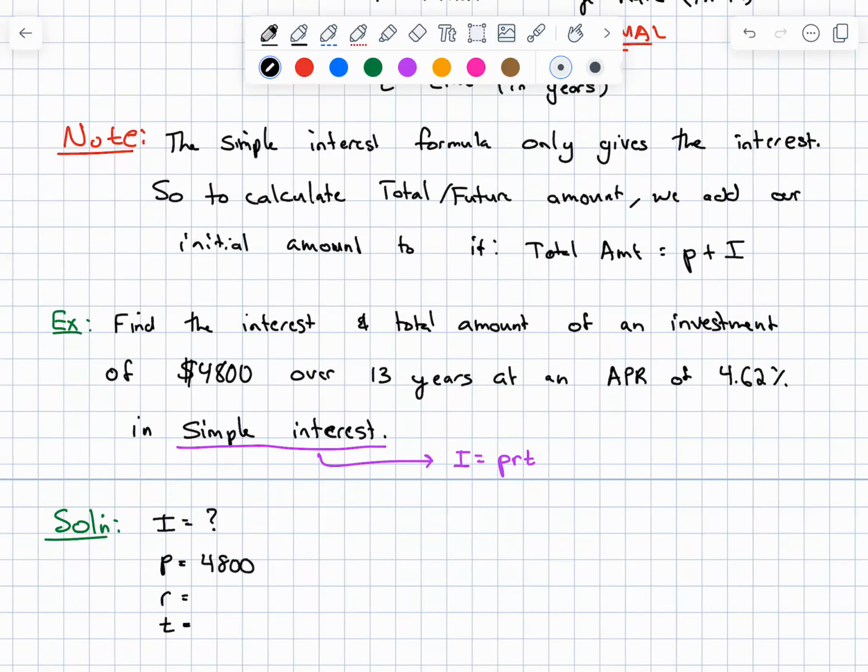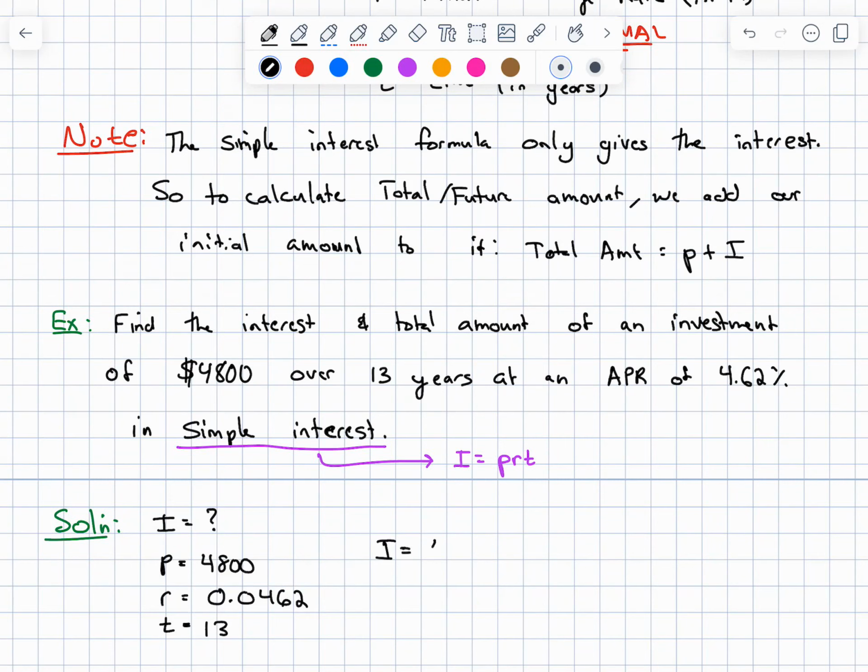R is usually the nicest one to find. It's the annual percentage rate, so 4.62%, but we want it in decimal form, 0.0462. And T will be 13 years.